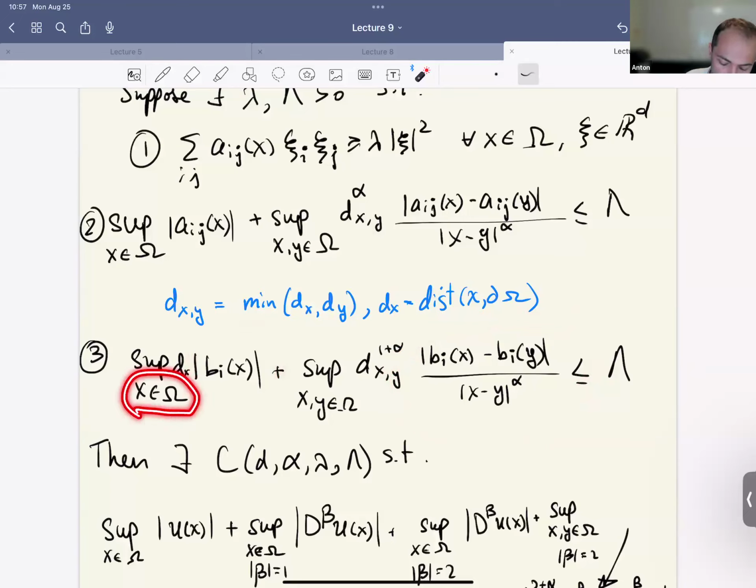So as our set Omega gets farther and farther from the origin, the drift will be allowed to grow at most linearly. And up until now, we did not fix what Omega is. I've been talking about generic Omegas, and this is what necessitates our specific choice of Omega. The fact that the drift grows.